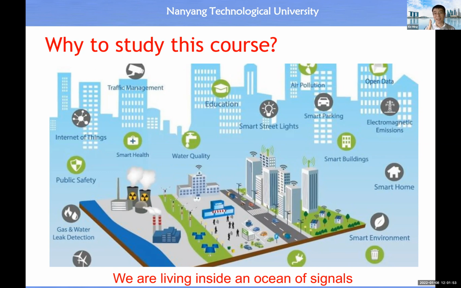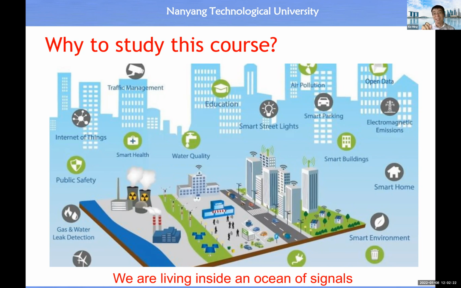Right? And from this slide, you see even in the future, in the city environment, there is a need to have a smart parking system, smart street lighting system, smart building system, smart home system, smart environmental system, and smart healthcare system, right? And also you see the need for deployment of the Internet of Things.